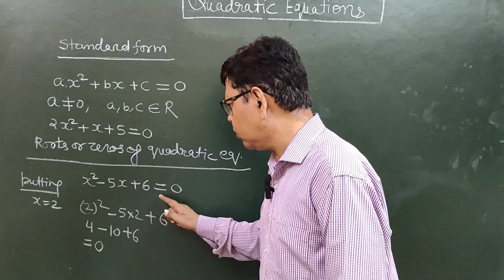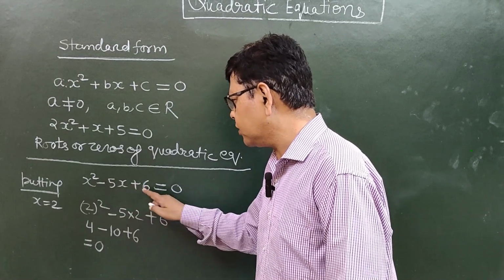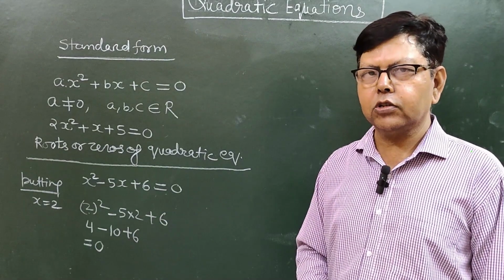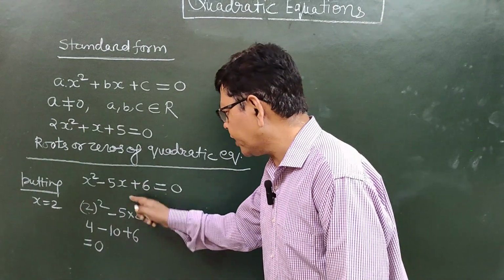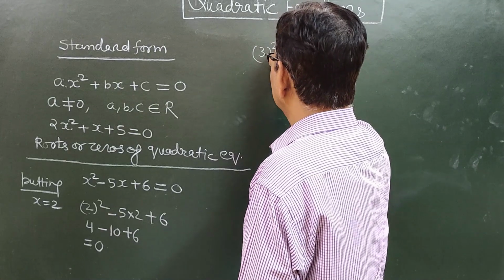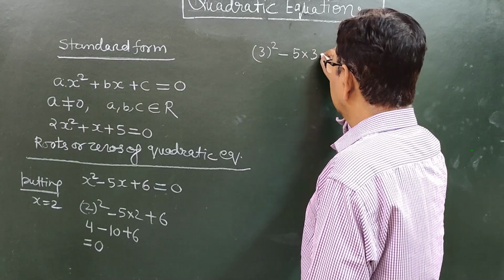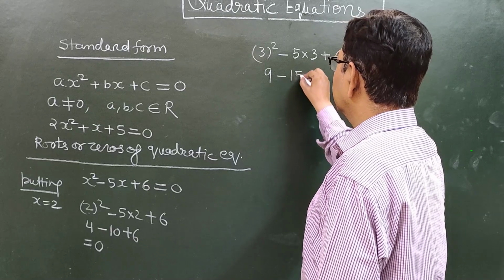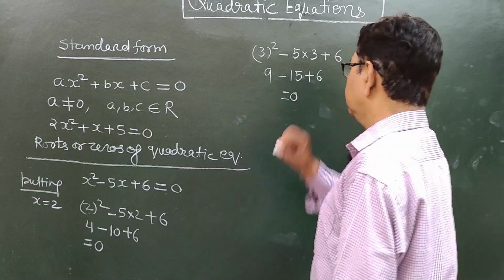Similarly, if I put x equal to 1, then 1 square is 1 minus 5 plus 6, 7 minus 5 is 2, not satisfying the equation. So x is equal to 1 is not a zero of this equation. Now if I put x is equal to 3 here, then the left hand side becomes 3 square minus 5 into 3 plus 6. 3 square is 9 minus 15 plus 6, which is equal to 0.